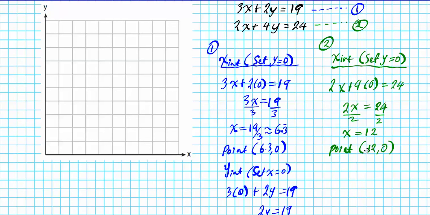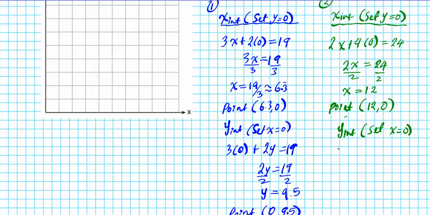Looking at this point, the x value is pretty big. If you count 1, 2, 3, 4, 5, 6, 7, 8, 9, 10, it's a little bit bigger than our coordinate system, so we might have to go by 2's in order to graph this point. Always pay attention to your points when you're calibrating your axes so that all the points fit in nicely. Now for the y-intercept, we set the other coordinate equal to 0.